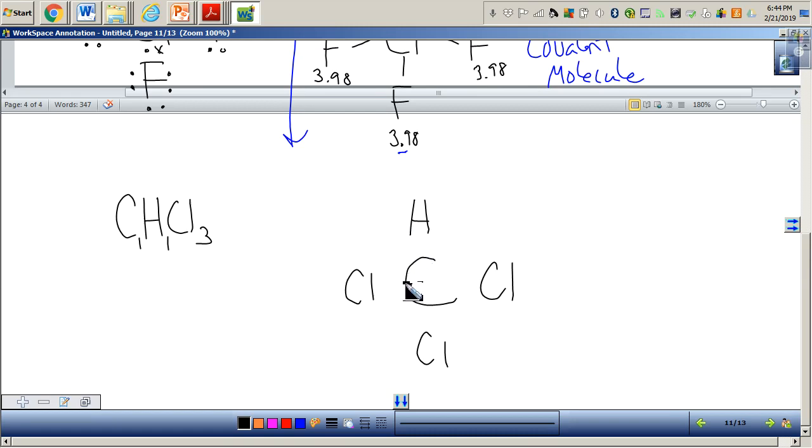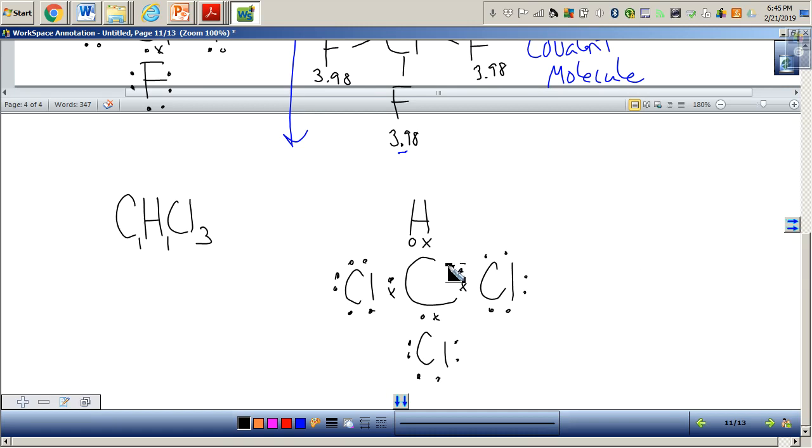So hydrogen has 1. Each chlorine has 7. It's a good idea to start with the outer atoms first. Then carbon has a total of 4.